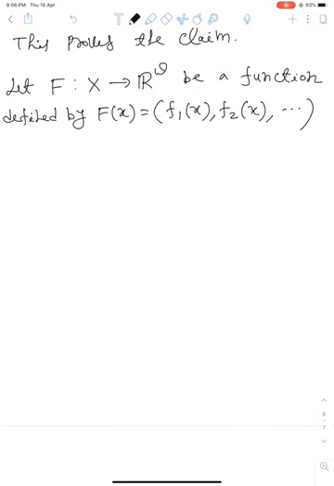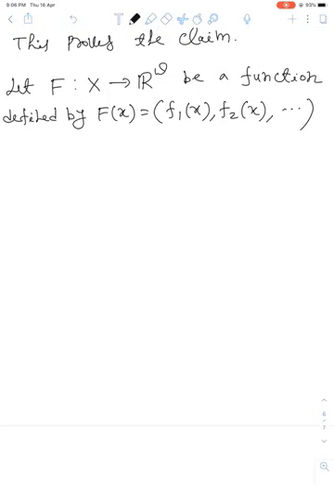Now there are lots of claims, so we need to first prove that the function f is 1-1, then prove it is continuous, and then we shall prove that if we restrict the codomain to the image f(X), then the function is a homeomorphism.